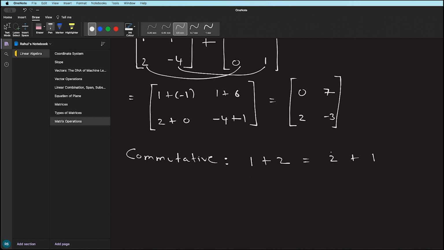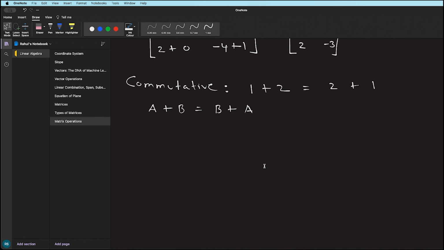So 1 becomes last and 2 becomes first, and it will be the same: 1 plus 2 equals 2 plus 1. Similarly, in the case of matrix addition, when we add two matrices, A plus B equals B plus A, and that's why we call matrix addition commutative.